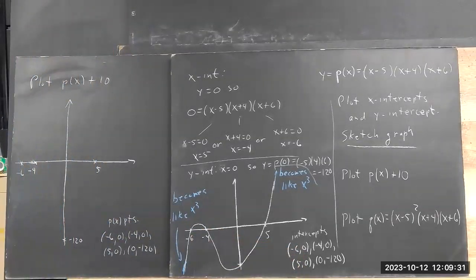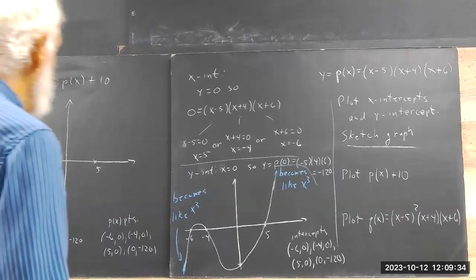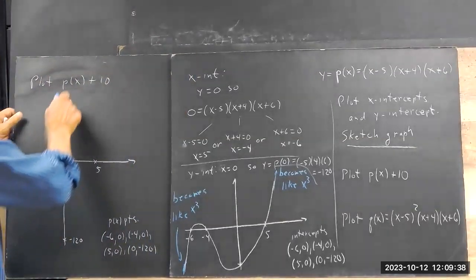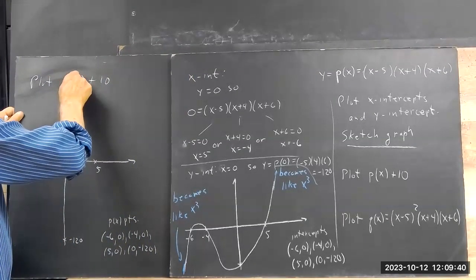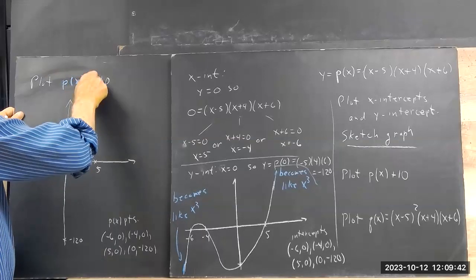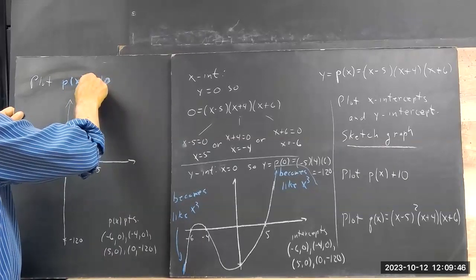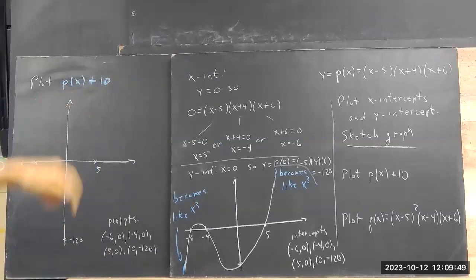Those are on the graph of P of X. We'll do P of X plus 10 in blue. Can you give me the coordinates of one point on the graph of P of X plus 10?